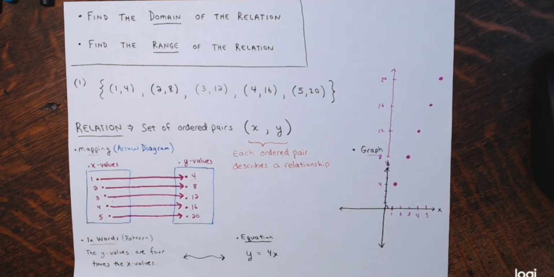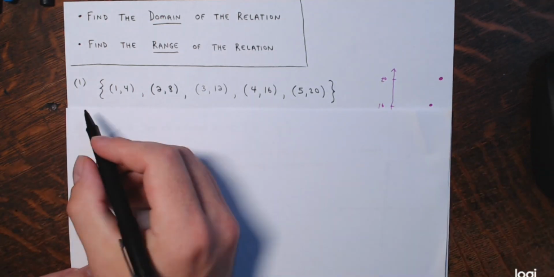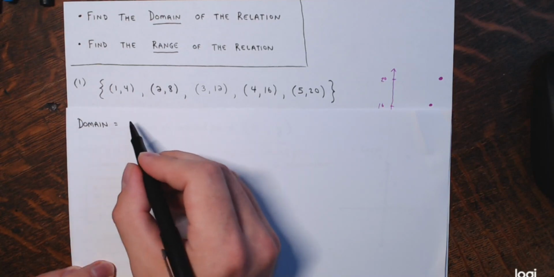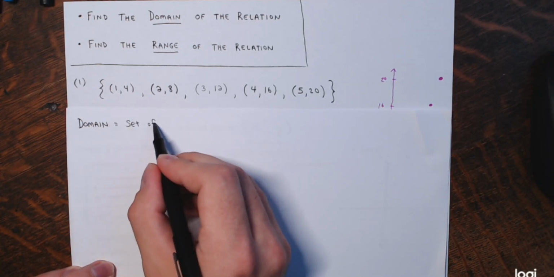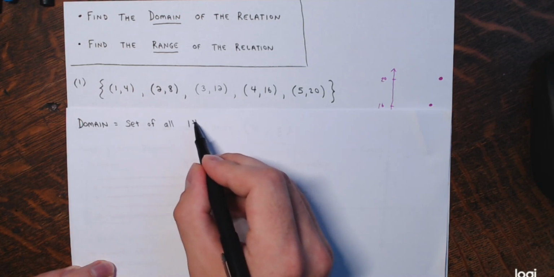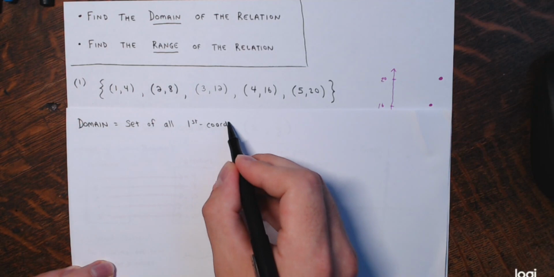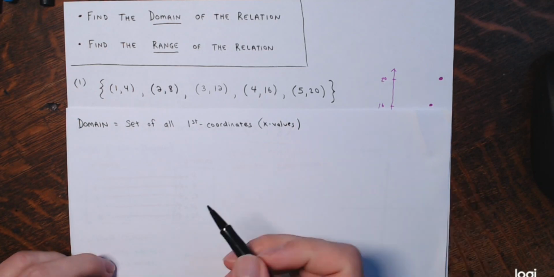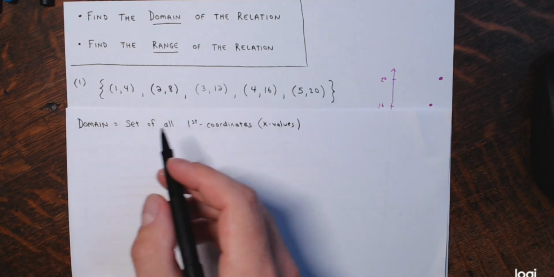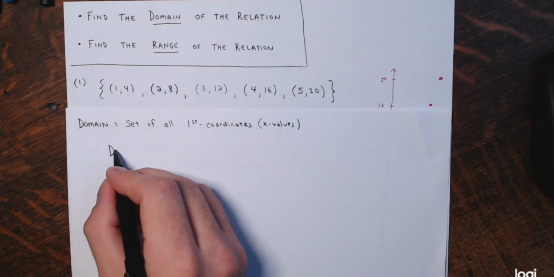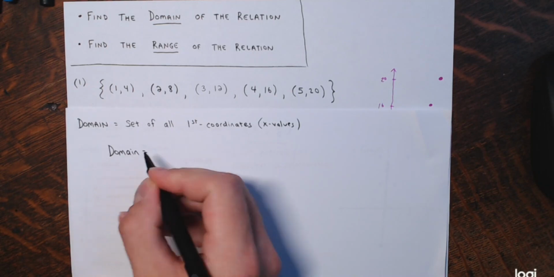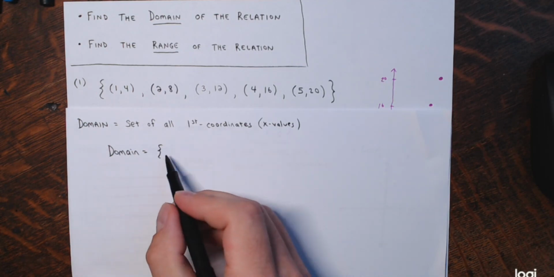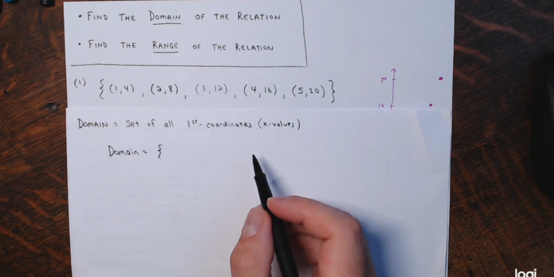So now we finally get into what they want. The domain of a relation is just the set of all the first coordinates, or the x values. So for instance here, in this first example, the domain is a set, so I've got the curly braces, and then I'm just listing all the x coordinates that are used.